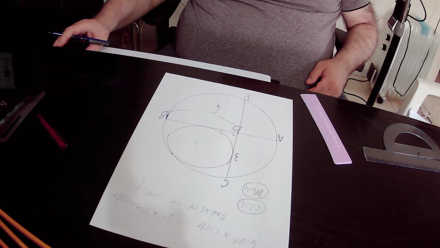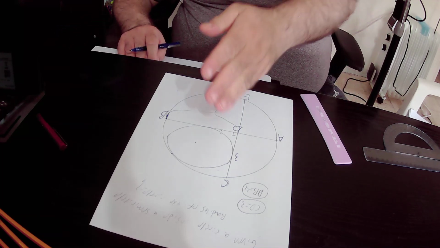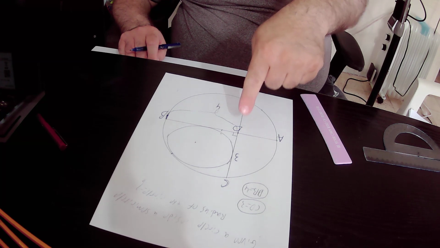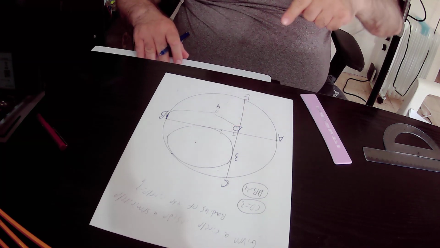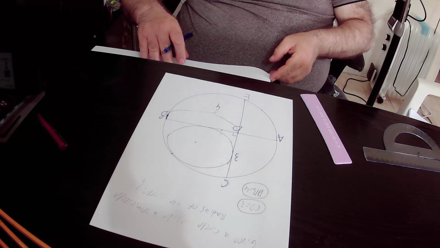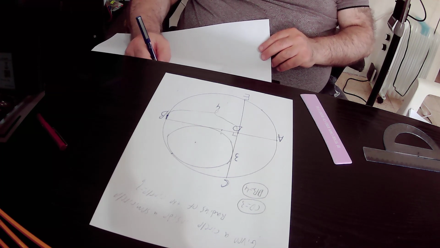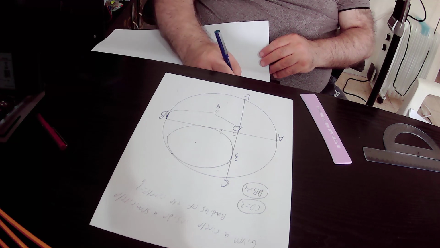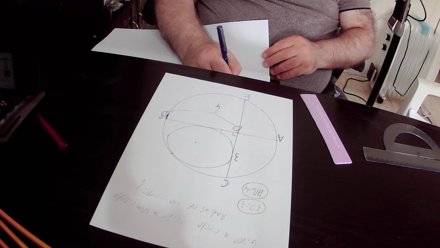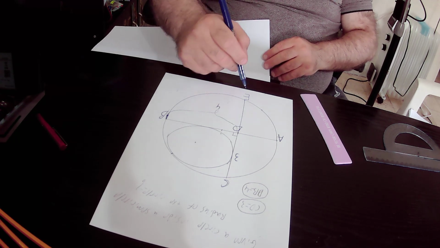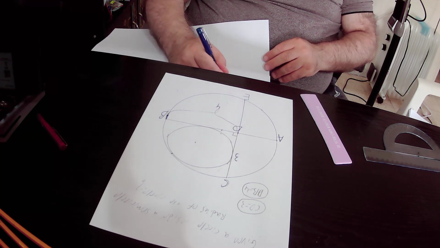Which angles do we have at this side of the straight line CE at point D? We have here 90 degrees, and we also have angle EDB.